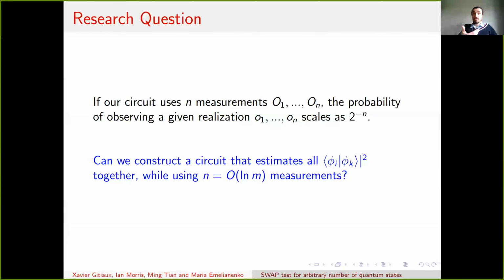Remember, in the original swap test, we did one measurement, which is good because it's only one. Measurements are expensive. If I'm having to do n measurements, then the probability is going to scale as 1 over 2 to the n, which means they're going to be very tiny.